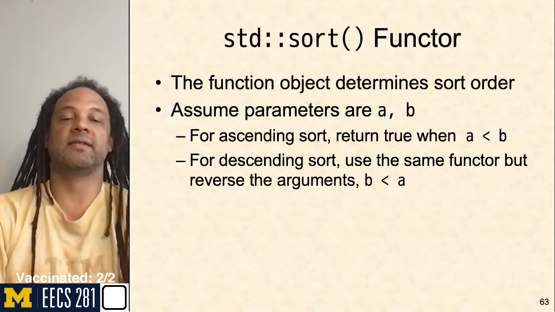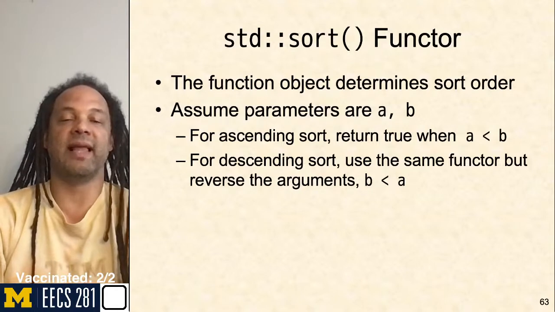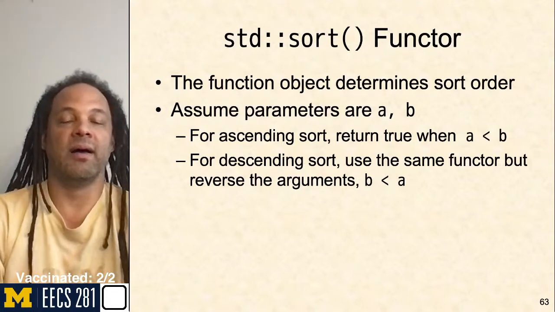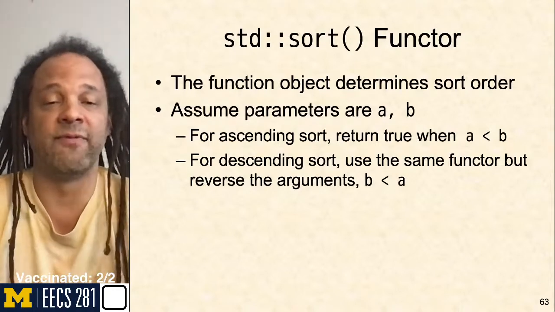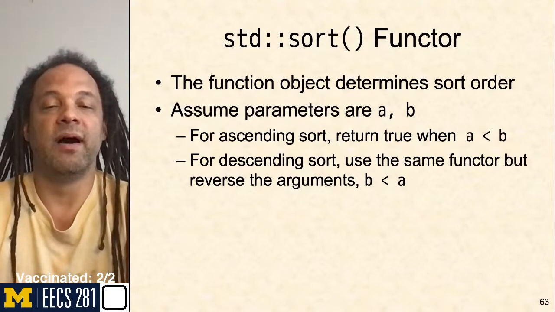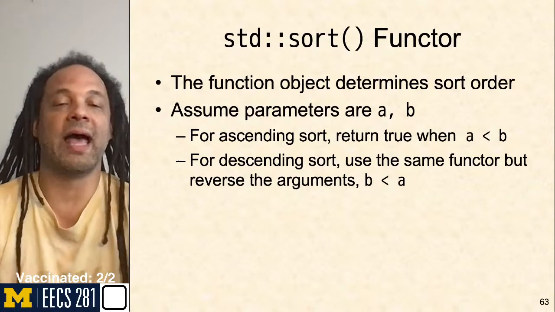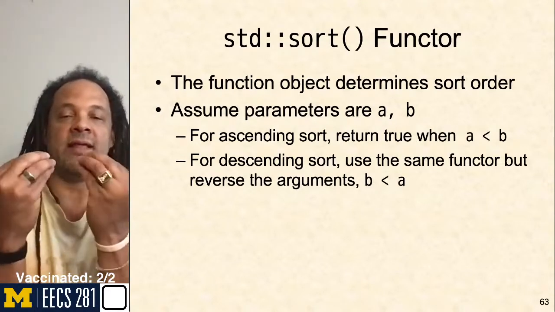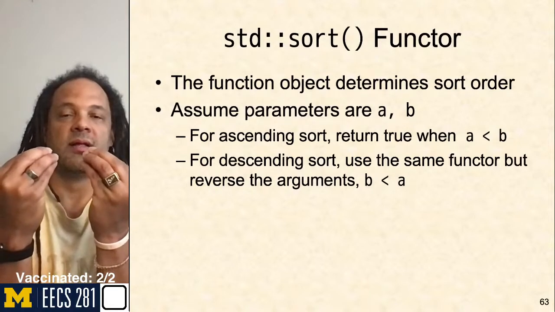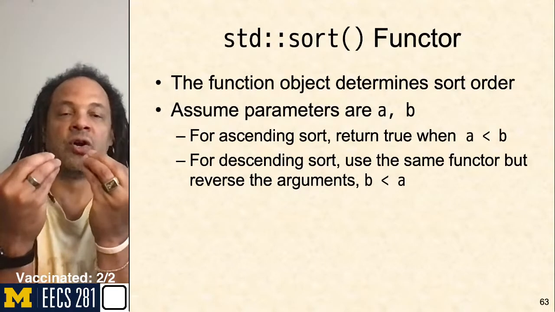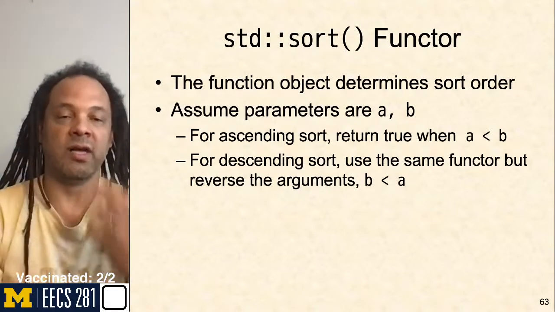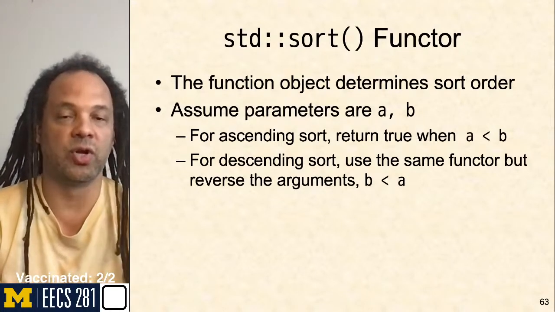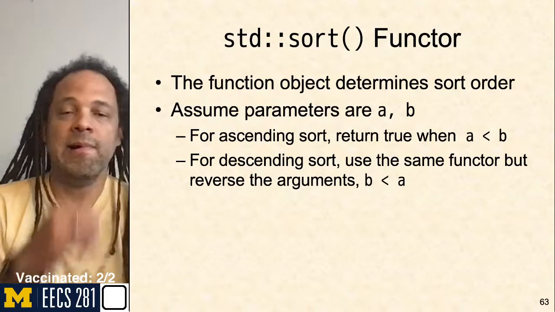So this is the case when I want B to be less than A. So I can write that out that way, or I can define my functor in such a way that the swapping happens in the right order. Remember, if these two items are in the right order, the functor should return true. When A belongs before B, return true. When you want B to come before A, you return false.